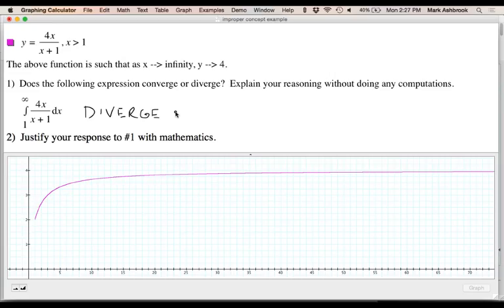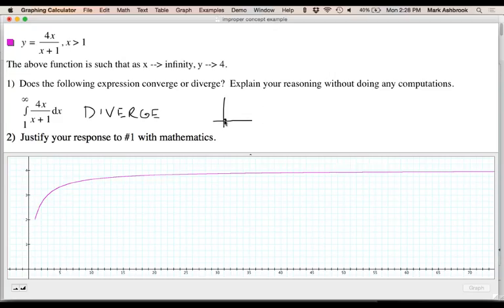Because, what does the rate of change of 4 mean? It means for every unit of x, your quantity goes up by 4. Every time x changes by 1, your quantity goes up by 4. So x is just going to keep increasing, and every time x increases by 1, for large values of x, your quantity is just going to keep going up by 4. So what will the quantity function look like?